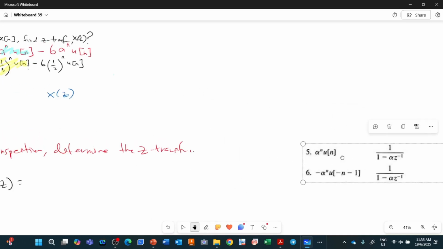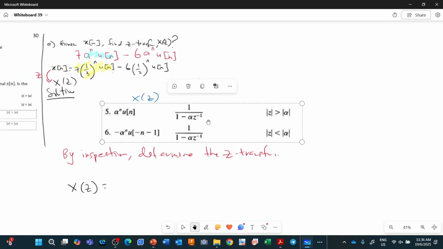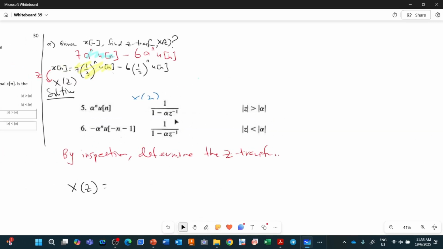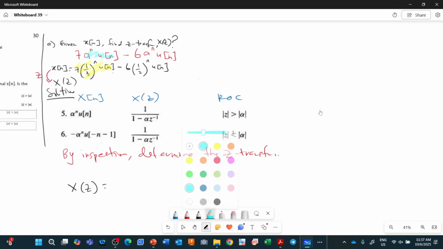Sorry about that. This one, okay, so this is x[n], this is the ROC. By inspection, a^n u[n] represents which one? 5 or 6? 5. Very good, it's 5.